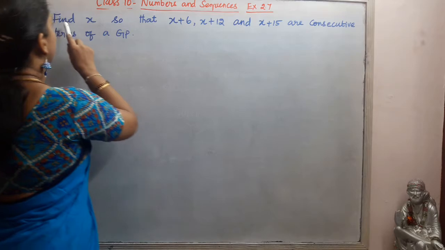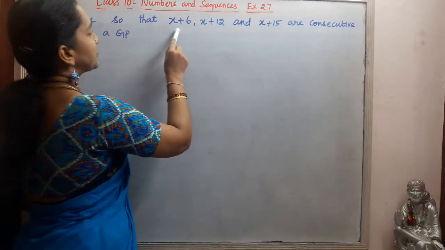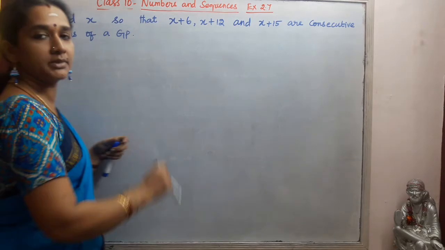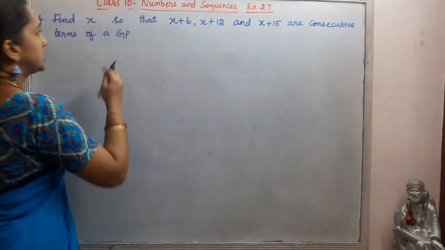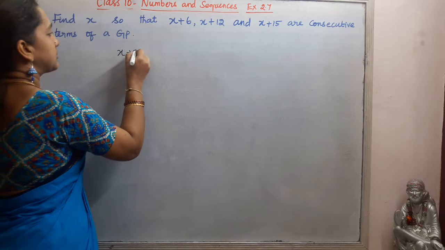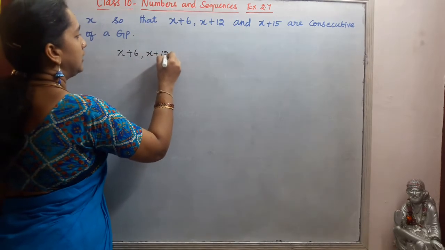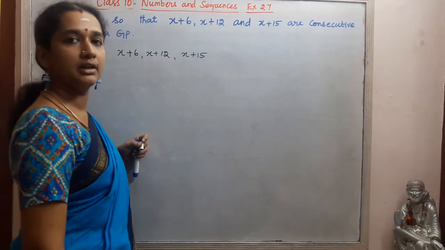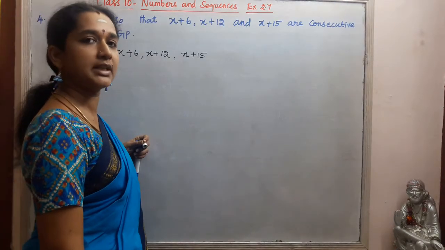Next sum is, find X so that X plus 6, X plus 12 and X plus 15 are consecutive terms of a GP. So the GP sequence is given as X plus 6, X plus 12 and X plus 15. So these are the three consecutive terms in the GP.